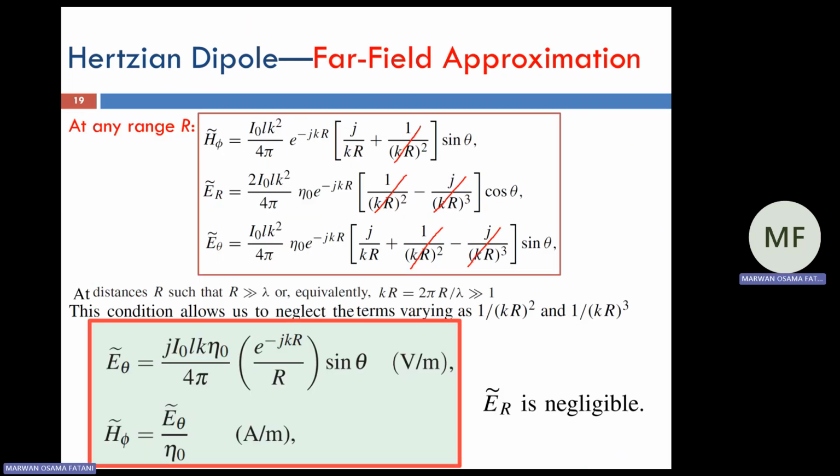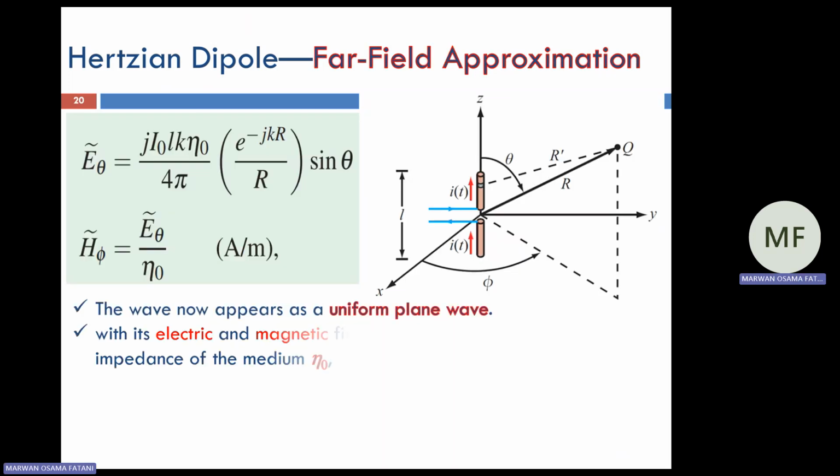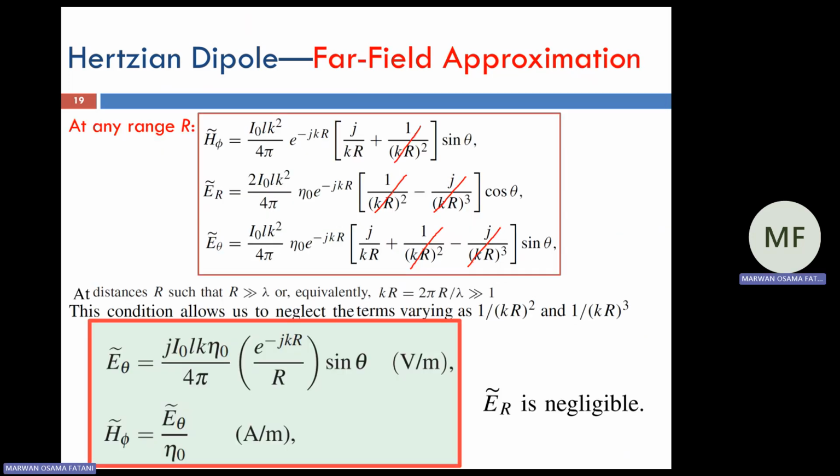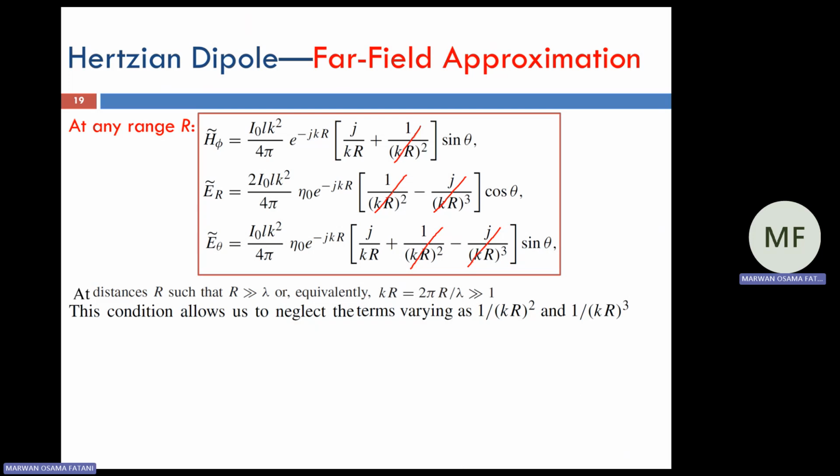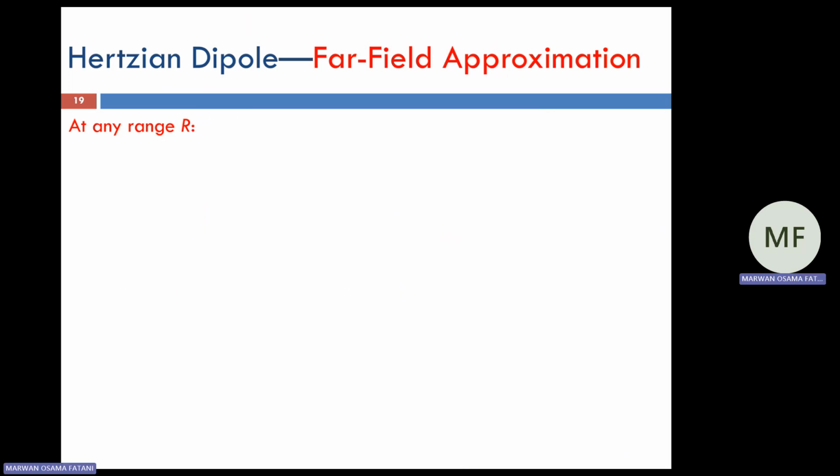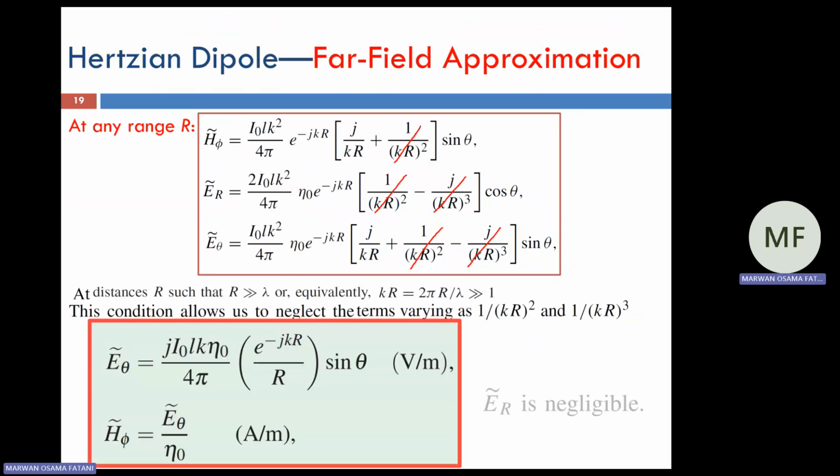Now, for the far field approximation pattern, the radiation pattern looks something like a donut with no radiation directly above or below the antenna. Because as you go far away, you won't have any radiation pattern vertically above or below it.